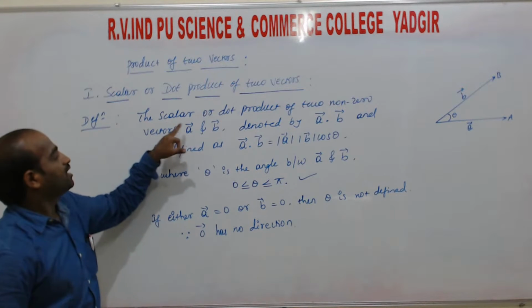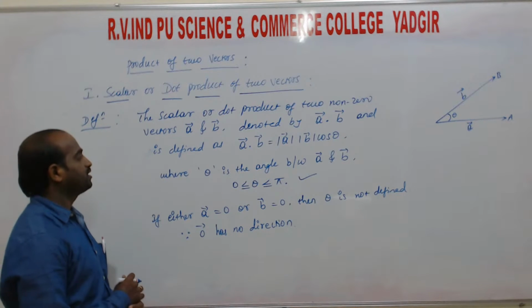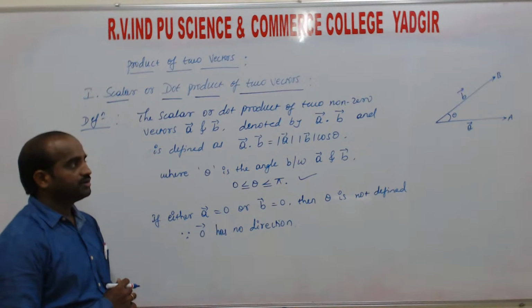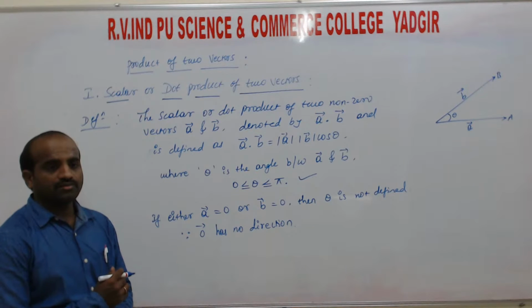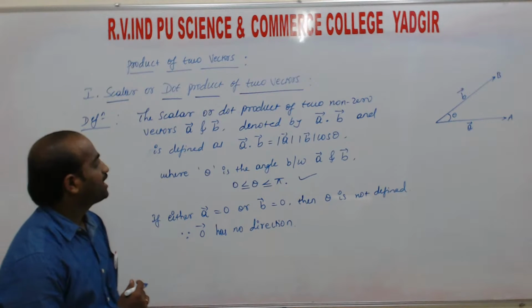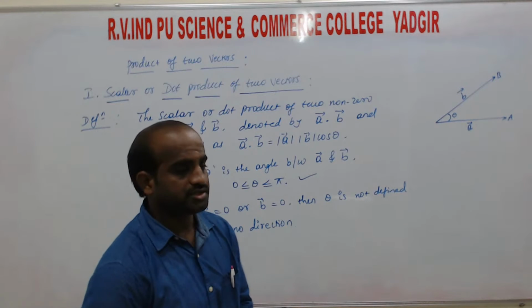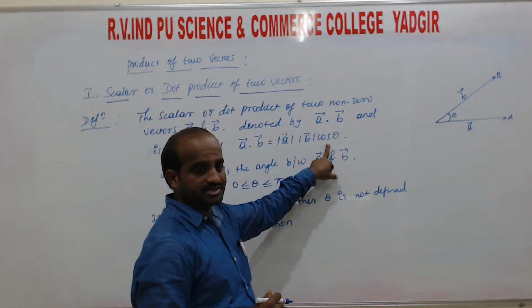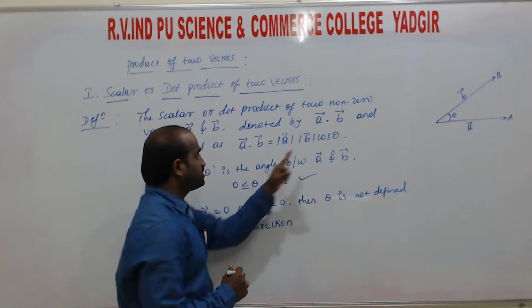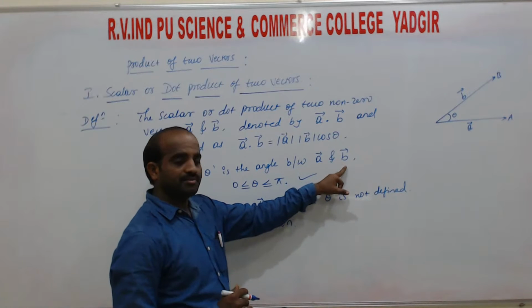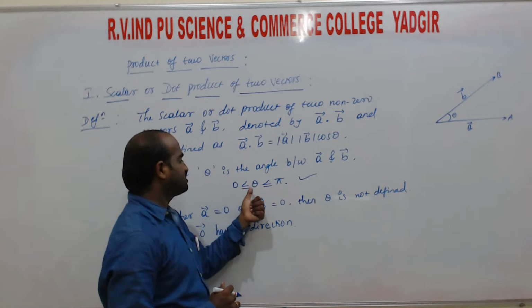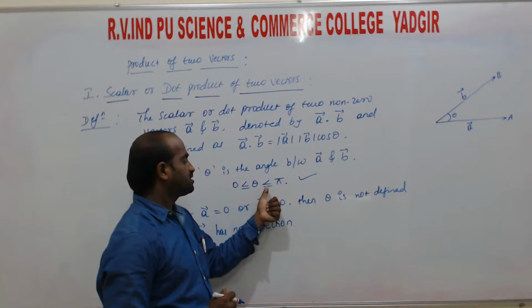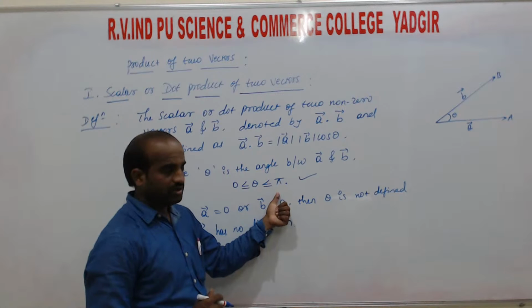Okay, this is the definition. The scalar or dot product of two non-zero vectors A vector and B vector, denoted by A vector dot B vector, is defined as magnitude of A vector into magnitude of B vector into cos theta, where theta is the angle between A vector and B vector, greater than or equal to 0 and less than or equal to 180 degrees.